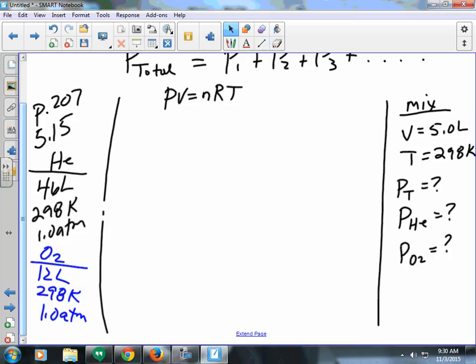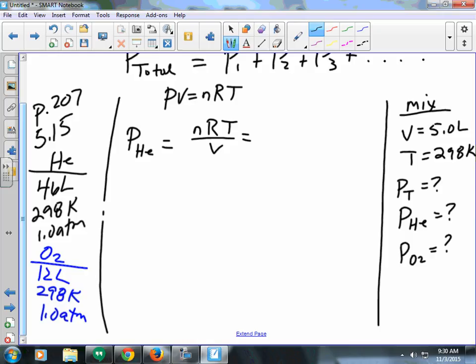Okay, so our new pressure of helium is going to be what? nRT over V. And that's going to be 1.88 moles, R. Remember our units, but I'm out of space.